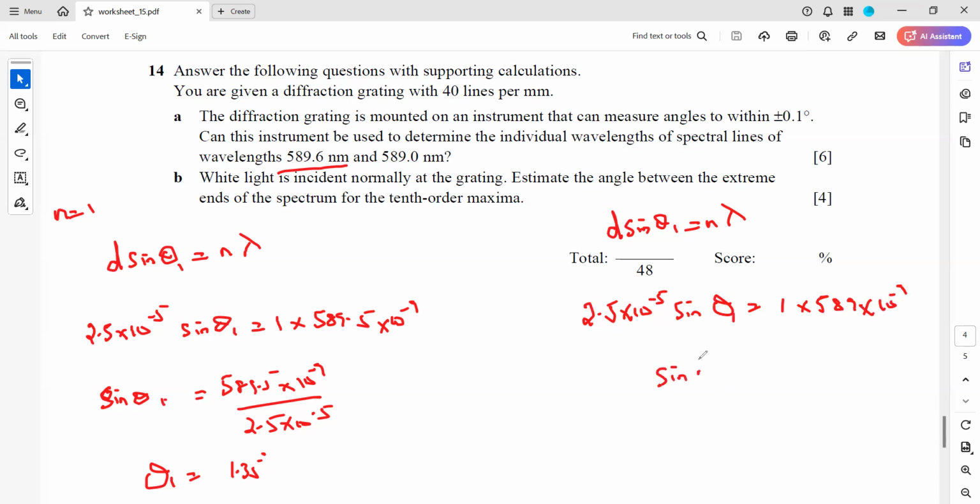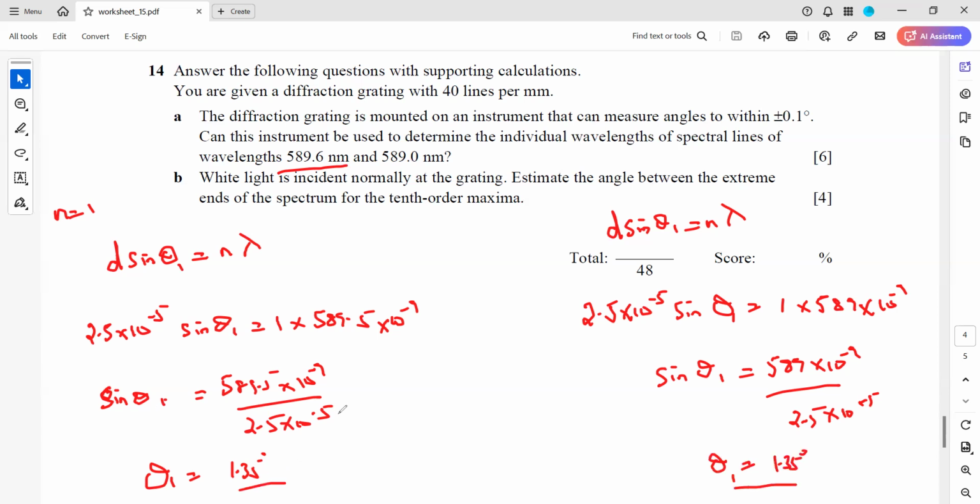So sine theta 1 will be equal to 589 into 10 to the power minus 9 divided by 2.5 exponent minus 5. What is theta 1 for the new wavelength? Exactly 1.35. So theta 1 is also 1.35.